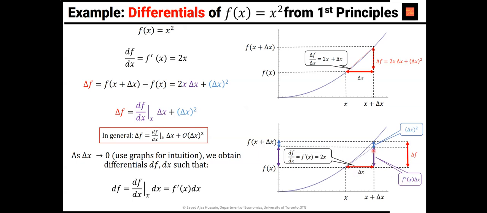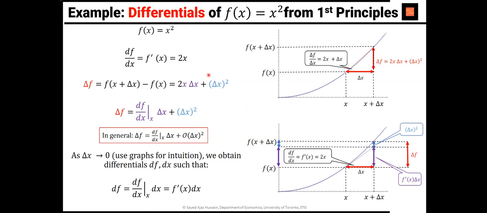So what should be left over is the remaining part. If I know this was the change in f initially, 2x delta x comes from what I just said, the purple part, the derivative of x times delta x. So the remainder must be delta x squared, this blue part right here. So the total change in f is decomposed into 2 parts. One part is the derivative of x multiplied by delta x.